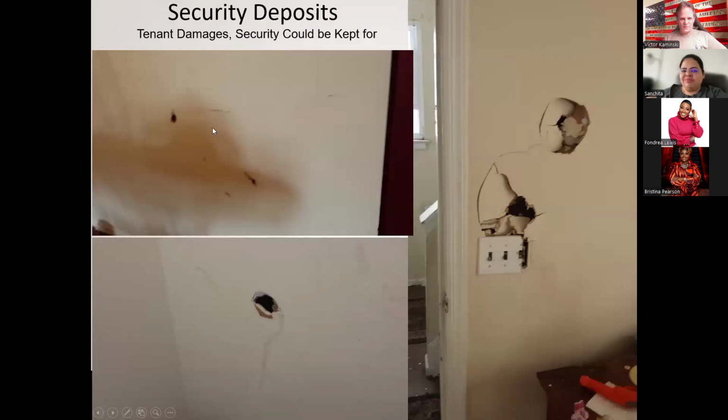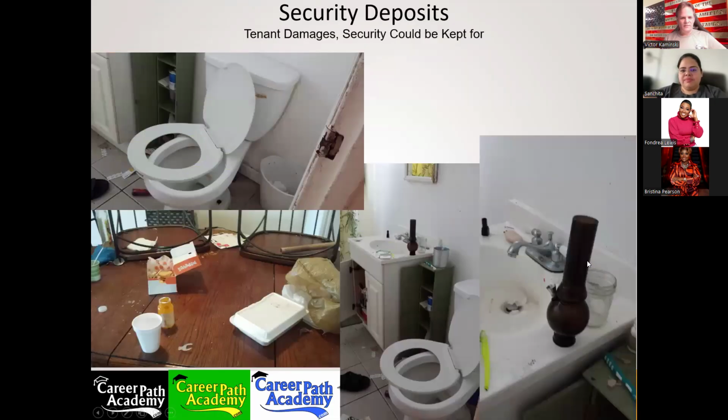Holes put in walls everywhere. Look at this. There's no door that goes here. It's not a door handle. It's somebody punching a wall. Look at this. Old food boxes and crap laying all over. The door completely missing from the bathroom.